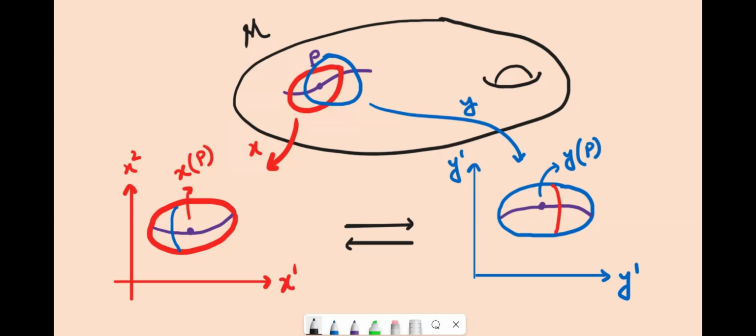An atlas is the collection of all the compatible coordinates that covers the manifold. Now, if you collect all such covering coordinate atlases, that gives you what we call the maximal atlas.